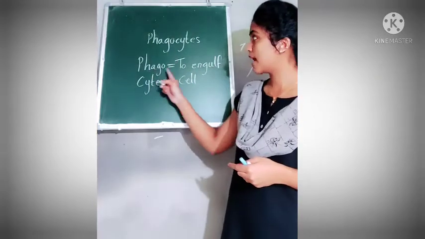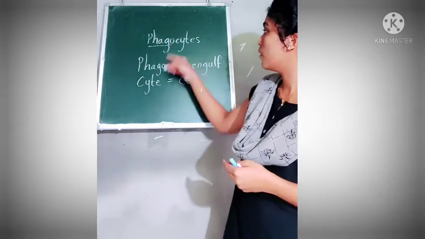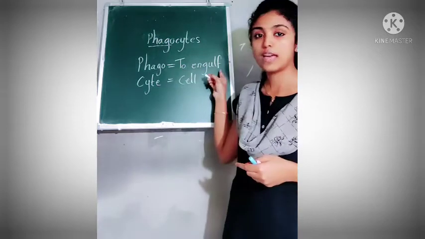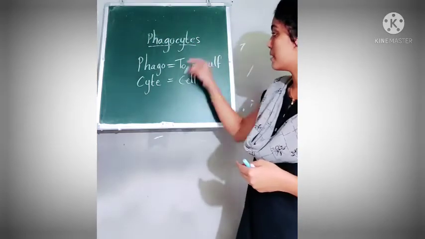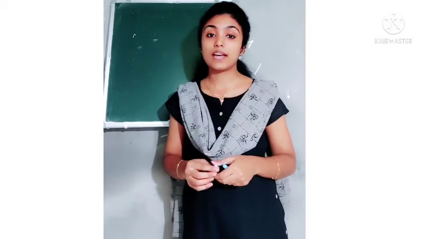And the term phago means to engulf, and the term cyte means cell. Monocytes and neutrophils are the white blood cells that engage in phagocytosis. Now we shall learn how the phagocytosis process takes place.